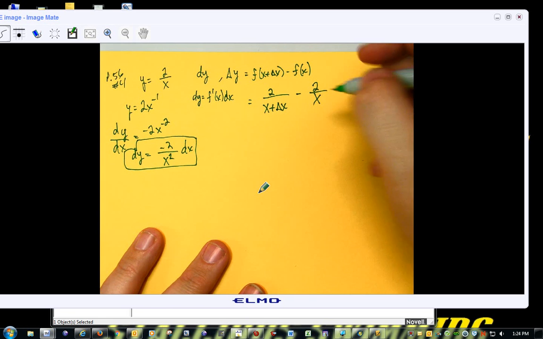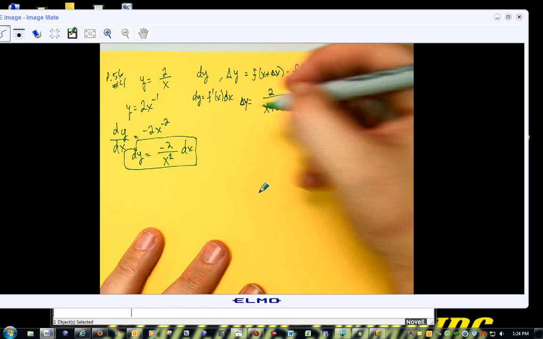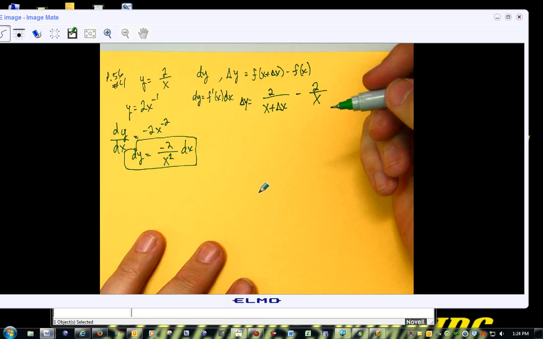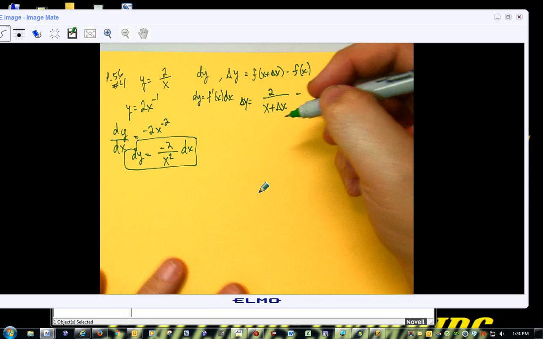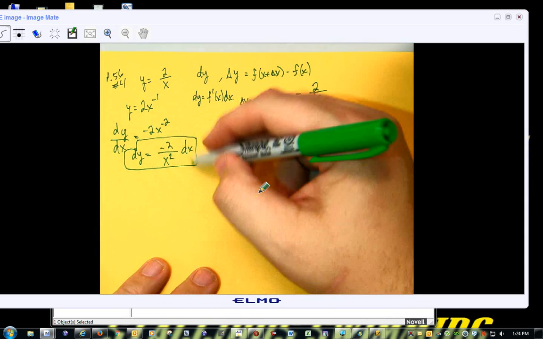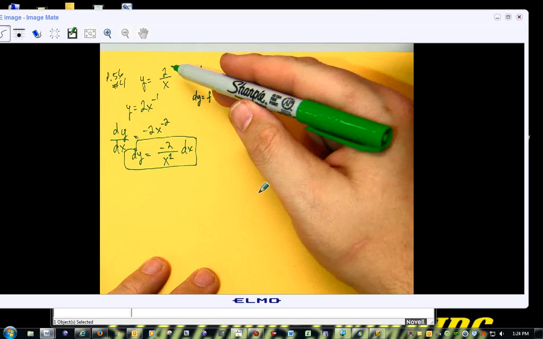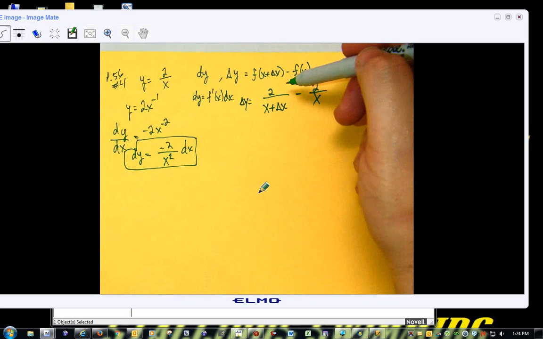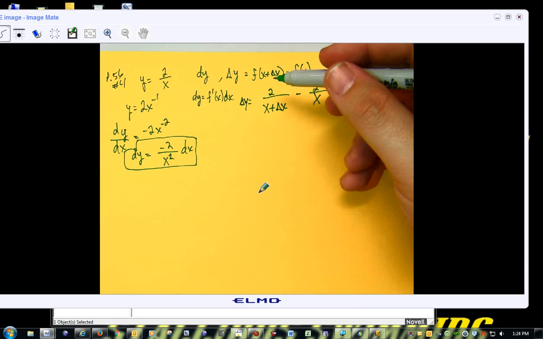That's going to be my delta y. I'm not using dy for this, I use the original function for that.